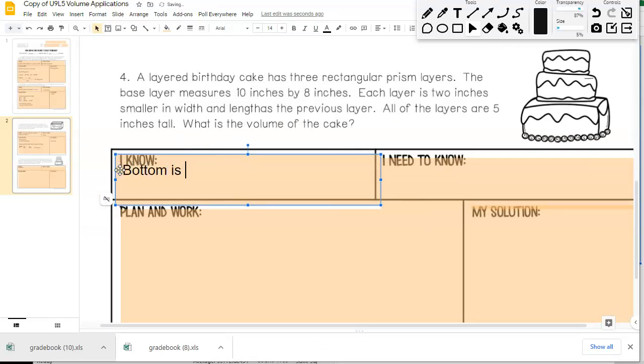Well, I guess what we know is the bottom is 8 by 10. The next layer, the middle, is 6 by 8. And then the top is 4 by 6.